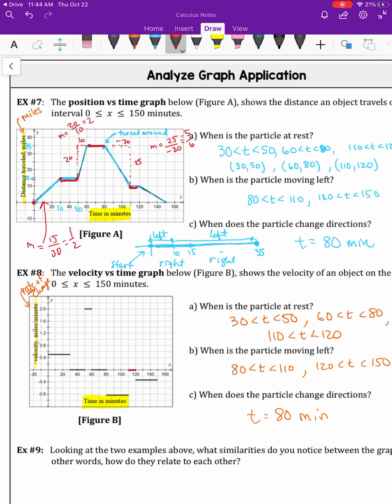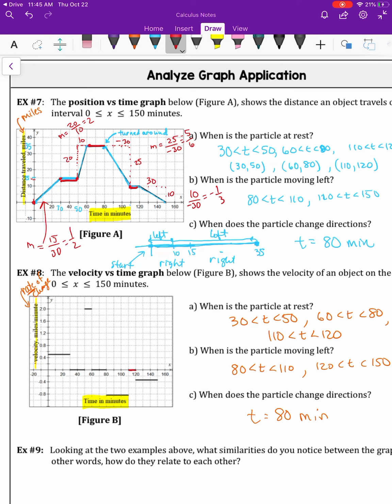And then from 120 to 150, I would rise 5, 10. I would run negative 10, 20, 30. So rise of 10, run of negative 30, that's a negative 1/3. Is this negative 0.3 for that one?